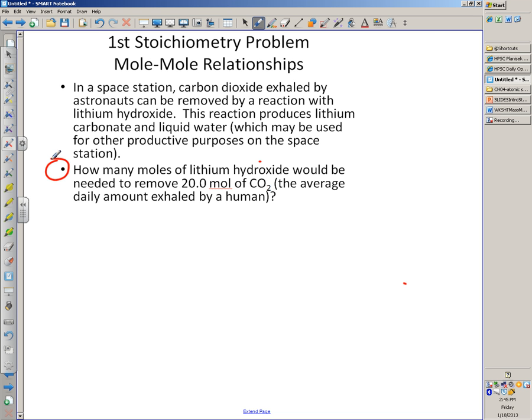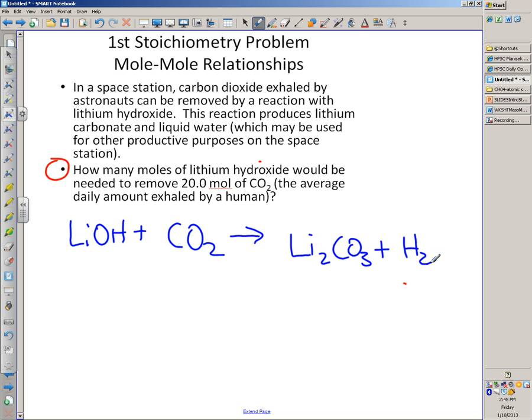First thing we need to do in doing stoichiometry problems is what? What does it say step number 1 is? Balanced equation. Luckily for you guys, we did that already, right? We said there was 2 reactants to this reaction, right? Lithium hydroxide and carbon dioxide. And those 2 reactants gave us lithium carbonate and water.